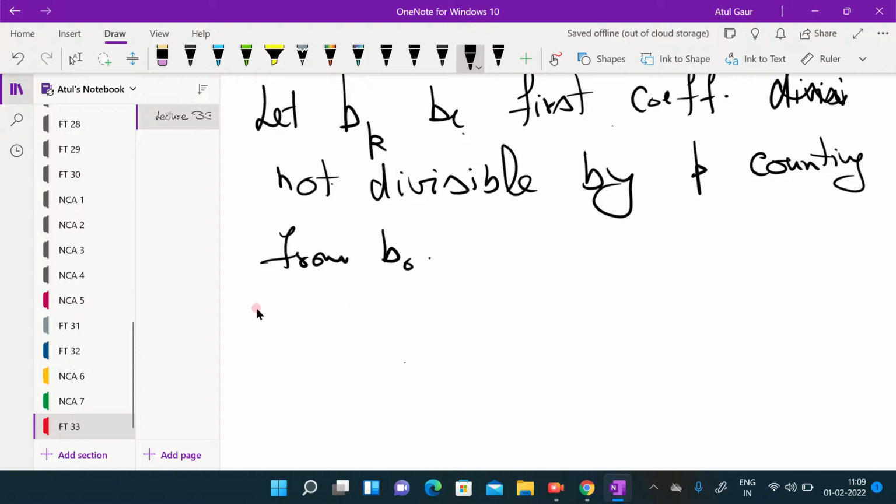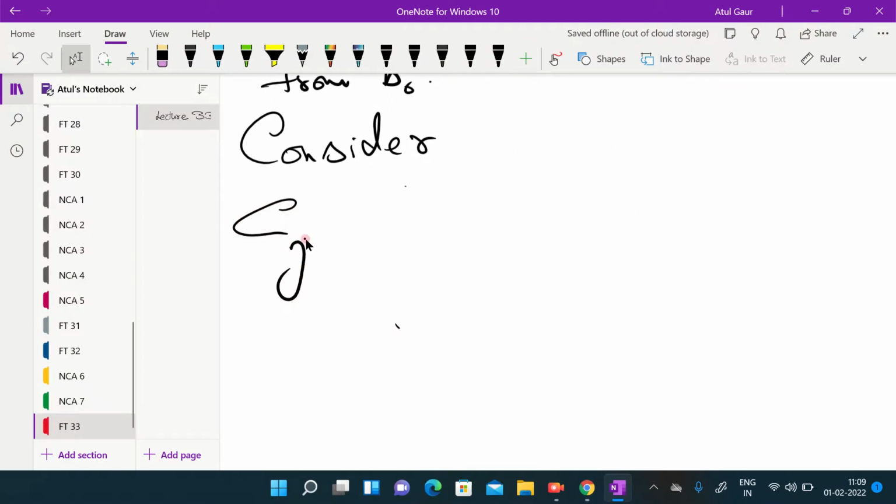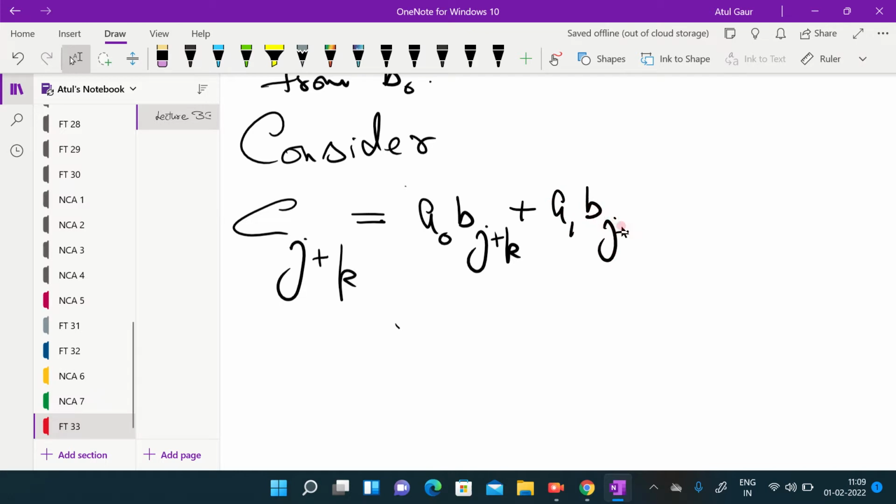So what you do, you consider Cj plus k. इसको आप लिखो A0 Bj plus k plus A1 Bj plus k minus 1 and so on. This will be up to Aj minus 1, ये हो जाएगा B k plus 1.